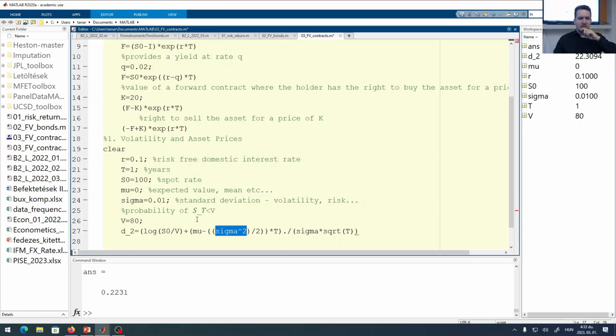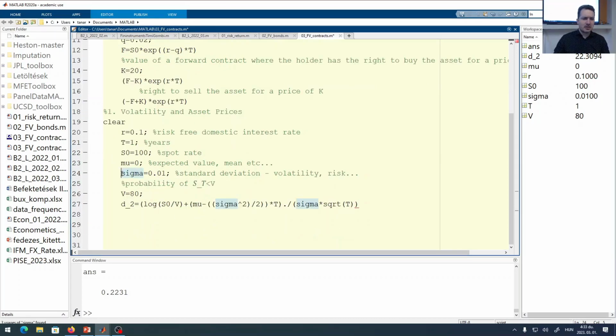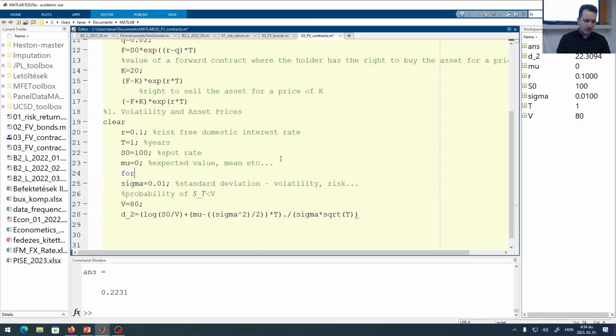How can we see this? Maybe let's write a for cycle on this. For sigma from 1 till 100, and right now I cannot divide it by 100, so not this way. For 5 till 100. Thank you.